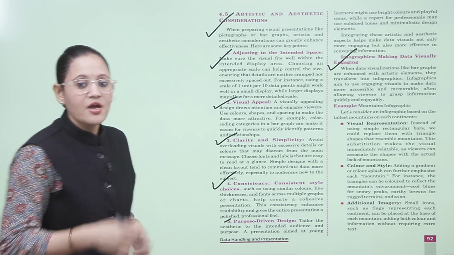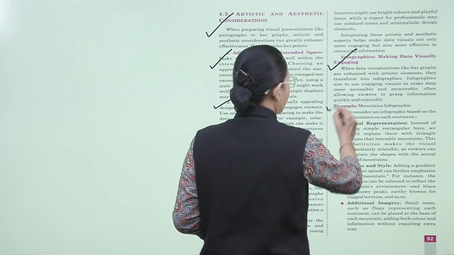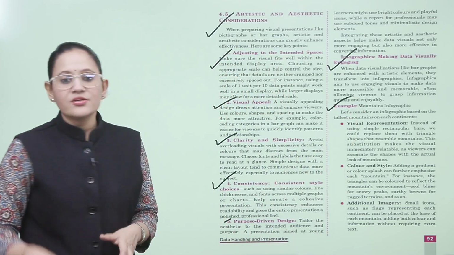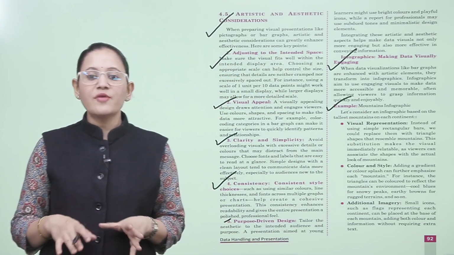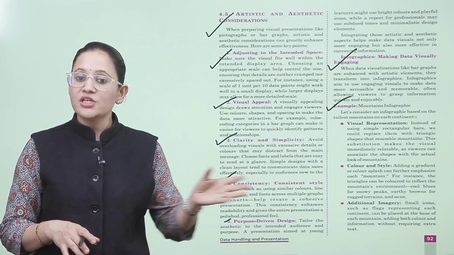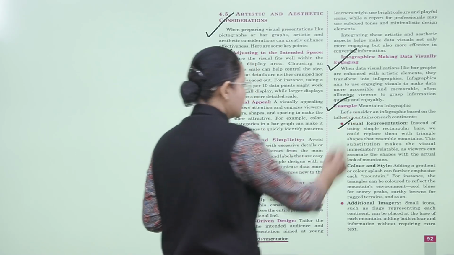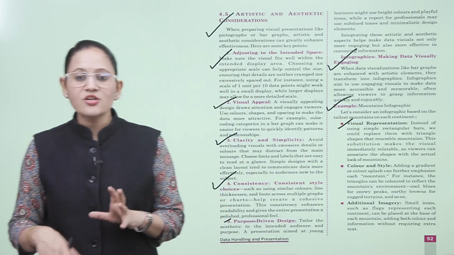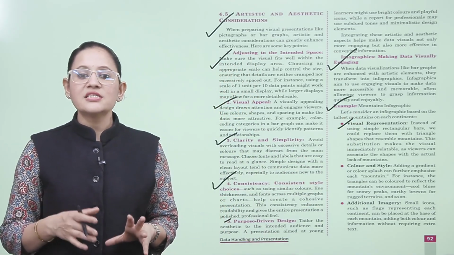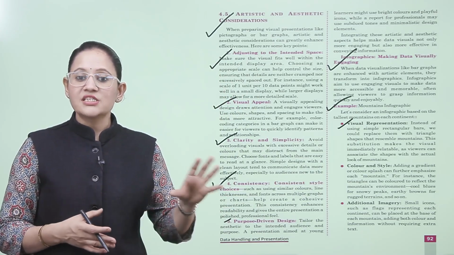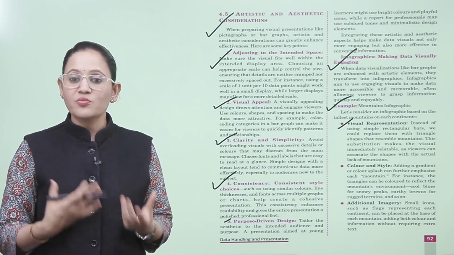For example, mountain infographics. Let's consider an infographic based on the tallest mountain on each continent. First, the visual representation. Instead of using simple rectangular bars, we could replace them with triangle shapes that resemble mountains.